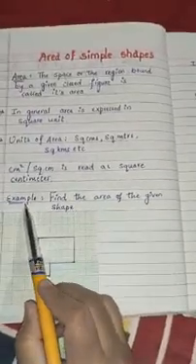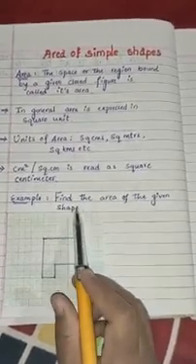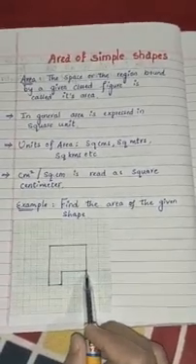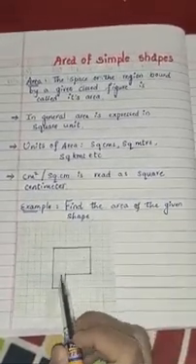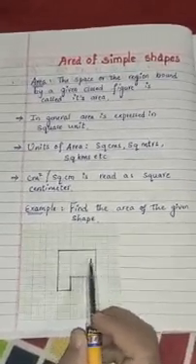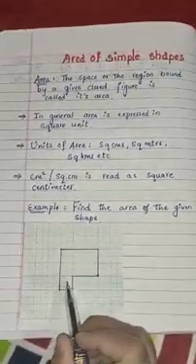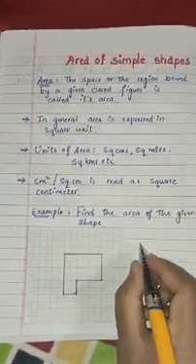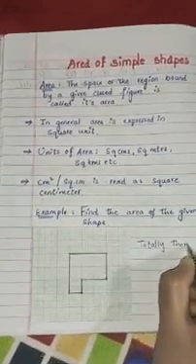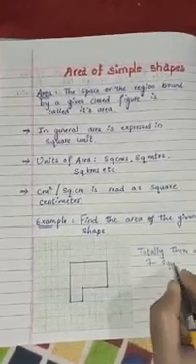First example. Find the area of the given shape. We already have the shape here, right? So how many squares are there here? Now count the squares. 1, 2, 3, 4, 5, 6, 7, right? So totally there are 7 squares.